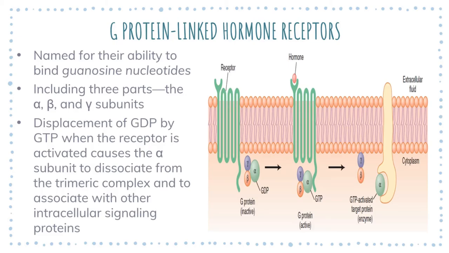Displacement of GDP by GTP when the receptor is activated causes the alpha subunit to form a complex and to associate with other intracellular signaling proteins.